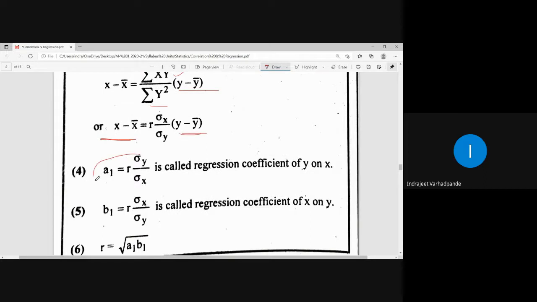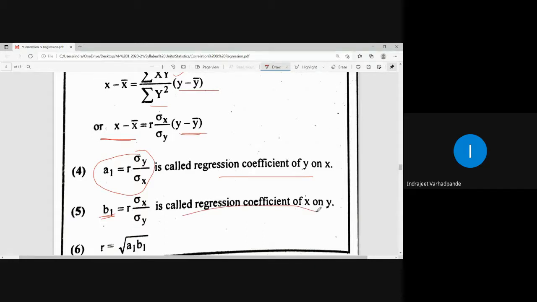So it is x minus x bar is equal to r into sigma x upon sigma y multiplied by y minus y bar. What is it called? This is called b1... the regression coefficient of y on x. This is r multiplied by sigma x upon sigma y, the regression coefficient of x on y.